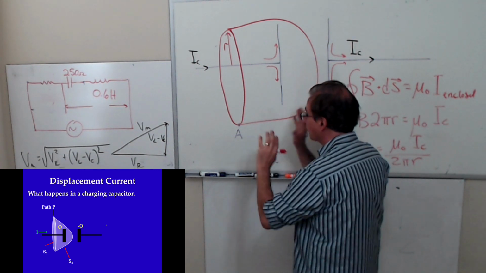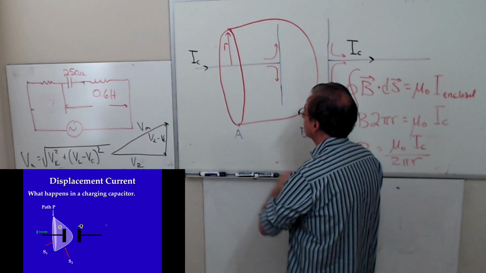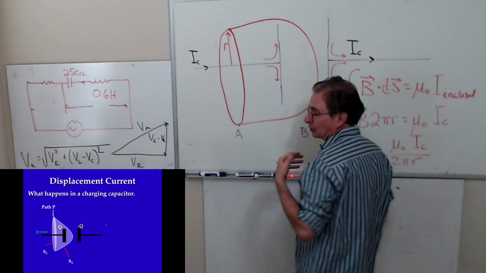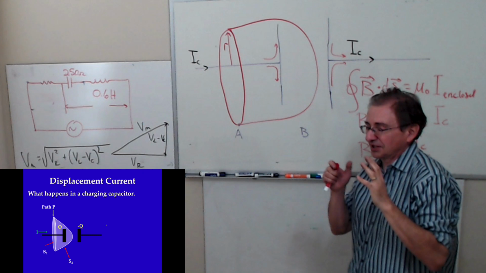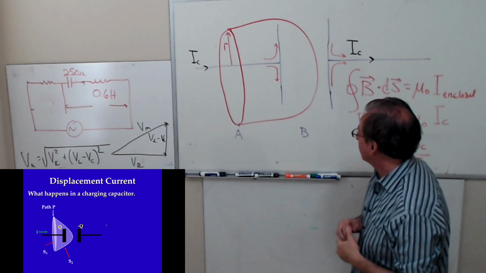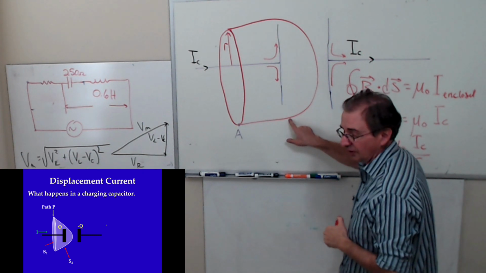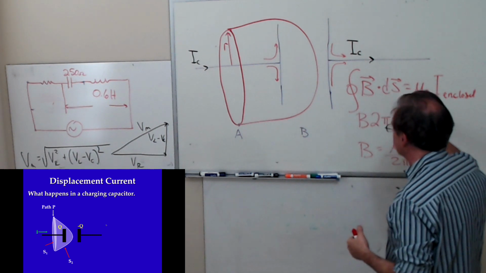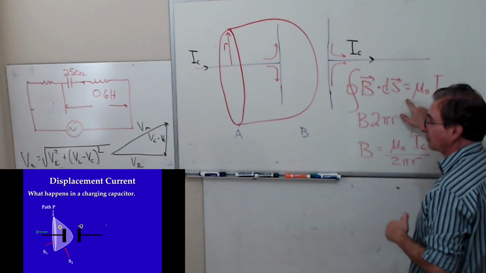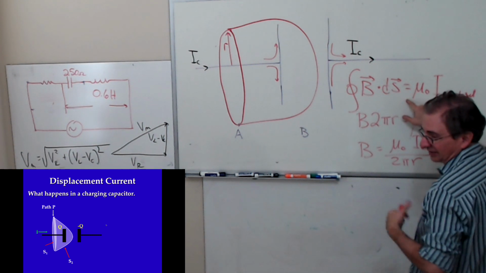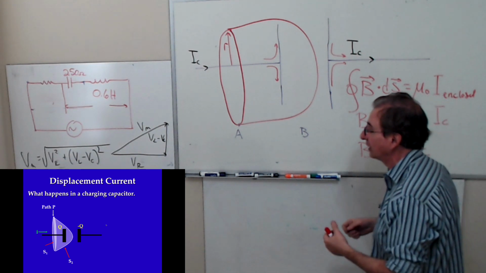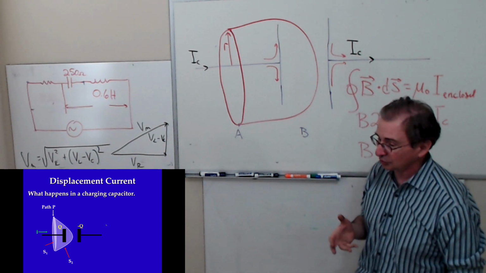Whatever surface I choose to do the calculation, normally we choose the surface that's in the plane of the loop. But there's nothing that says I can't choose this one. In fact, Ampere's law says that I can choose that one. This goes back to vector calculus, that this has to be true for any surface enclosed by the loop.